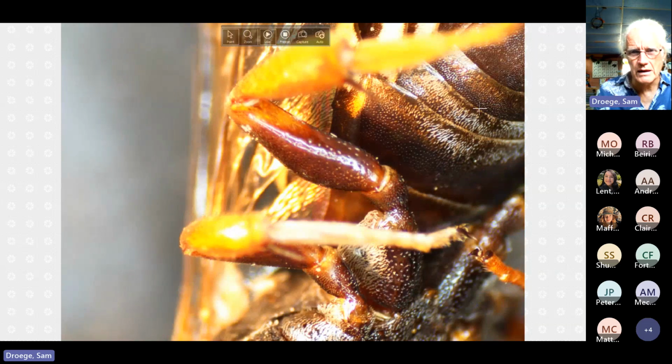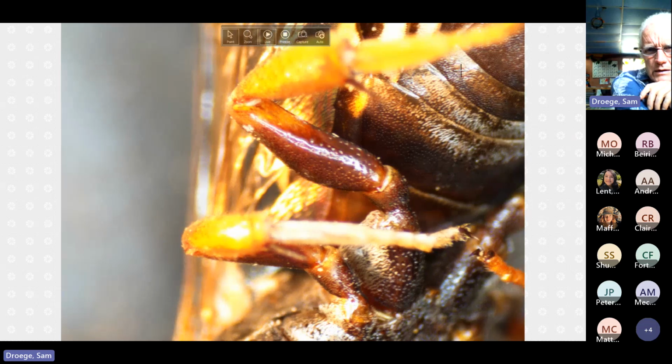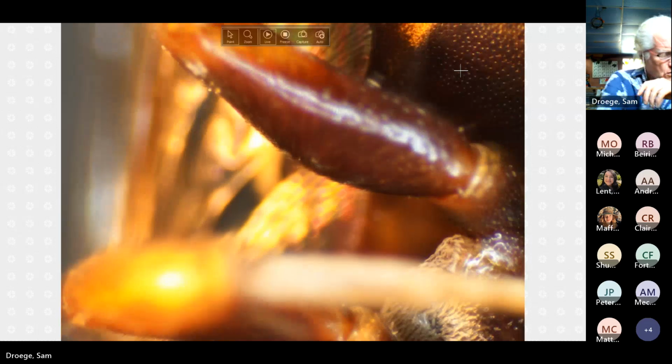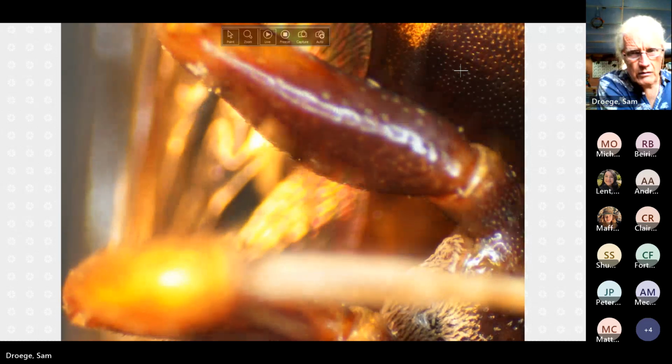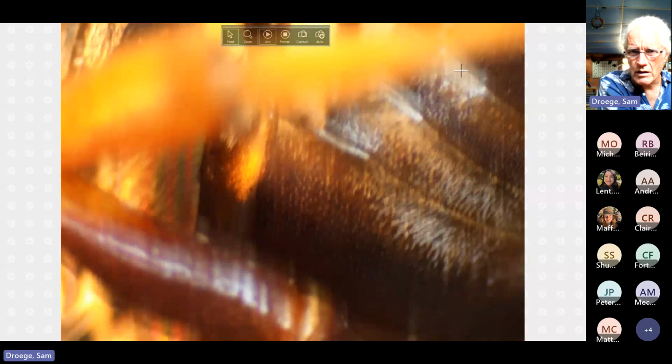The leg is a bit in the way, but you can see here on this last one, 2, 3, 4, there are white hairs there, but they are quite restricted to the sides, and they're not as obvious as the upper ones.